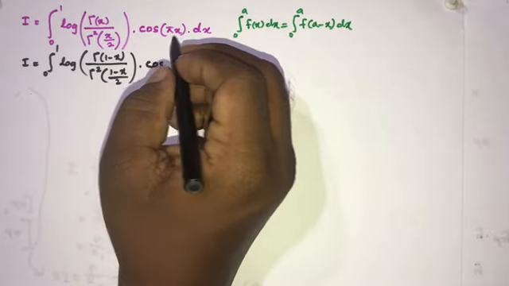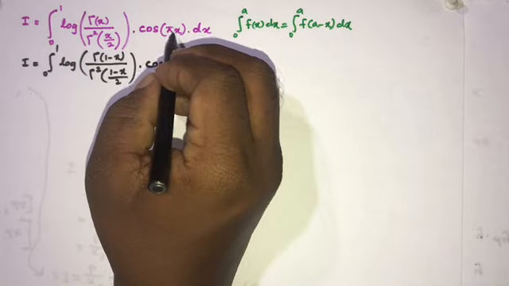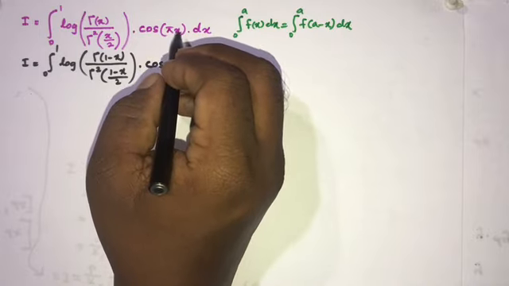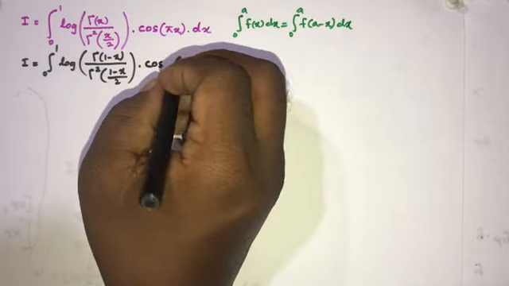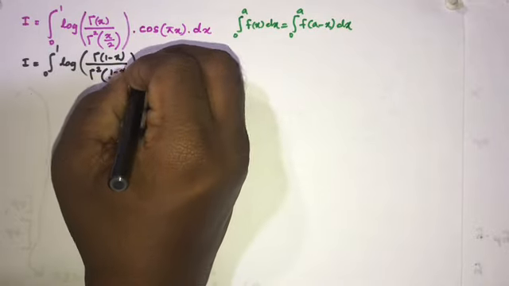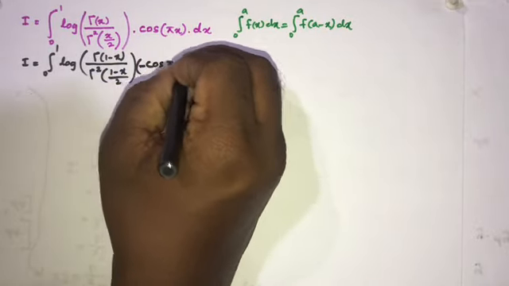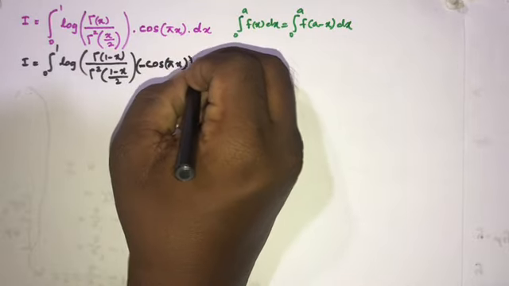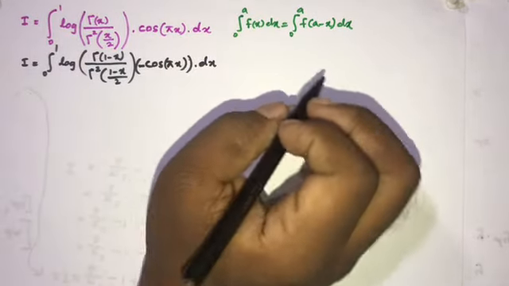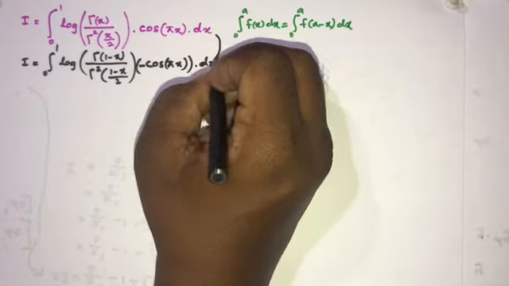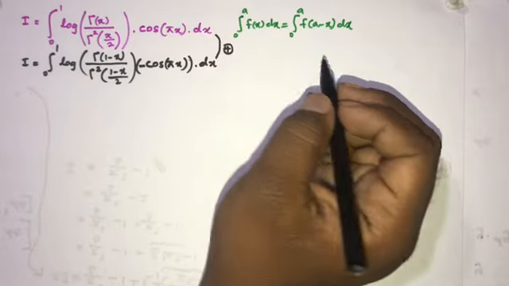We know cosine of pi minus pi x is minus cosine of pi x, so here minus cosine of pi x dx. Okay, now I am going to take the sum of these two equations.